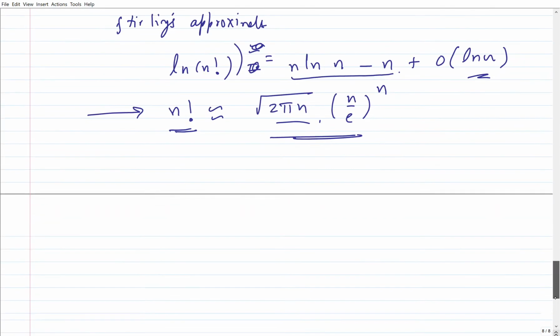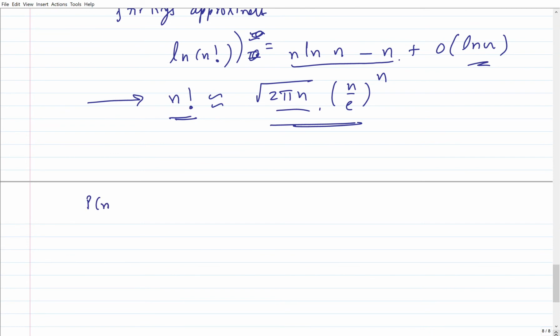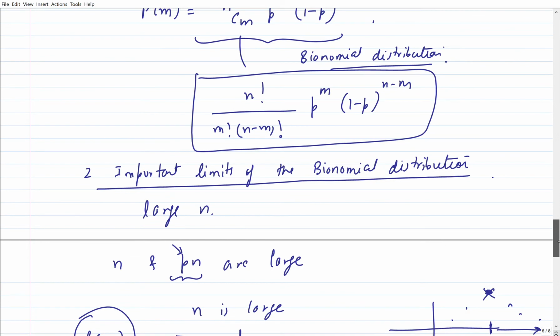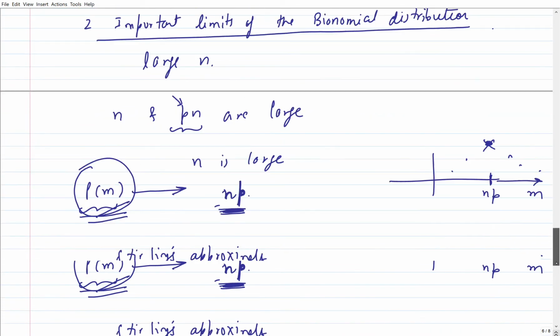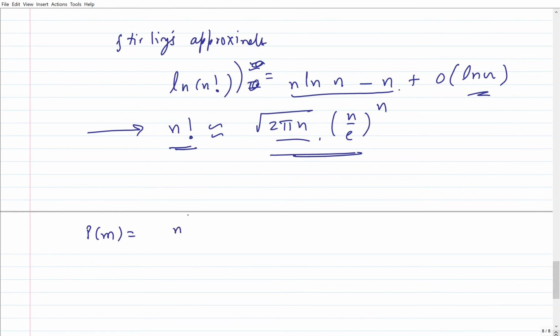So I'll write it out again. Probability of P of m was given by this guy, n factorial over m factorial n minus m factorial, p to the m, 1 minus p to the n minus m.